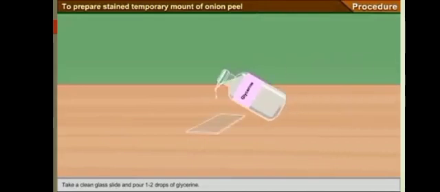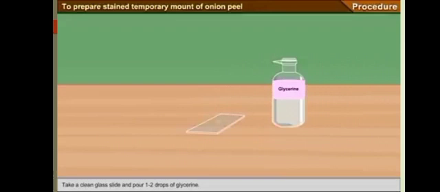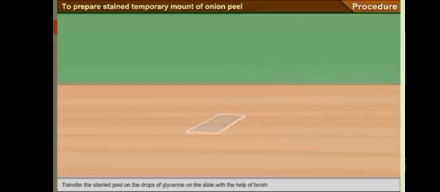After that we will take one slide and put one drop of glycerin on it. Then we will transfer the stained peel onto the drop of glycerin on the slide. Then we will place a cover slip on it in such a way that no bubbles enter it.